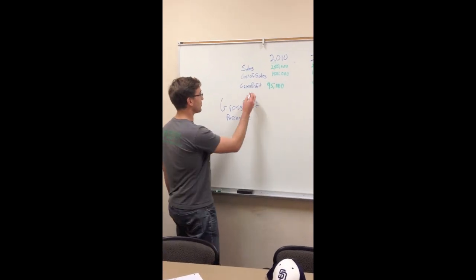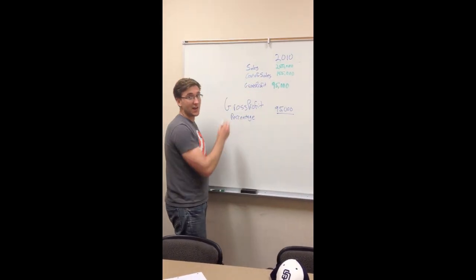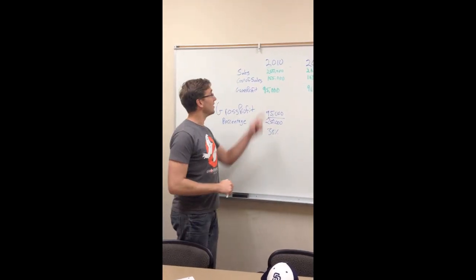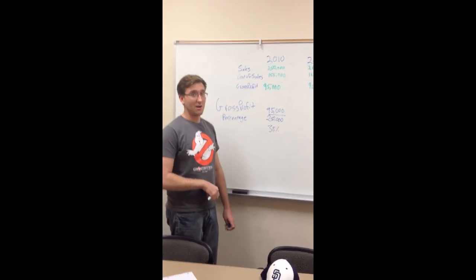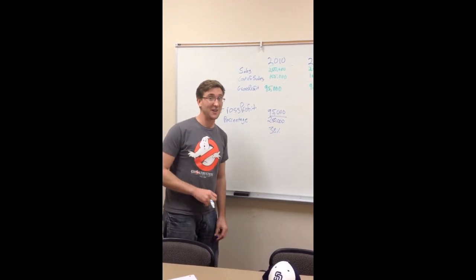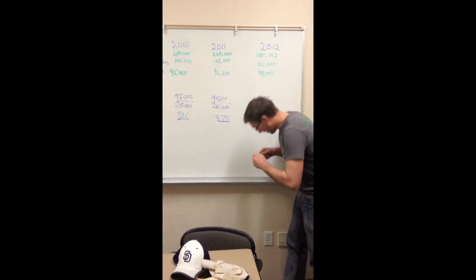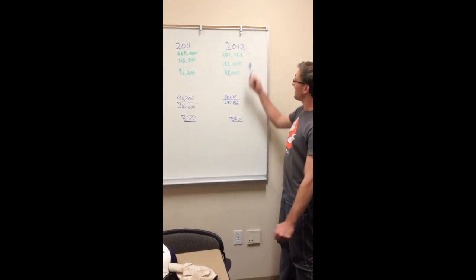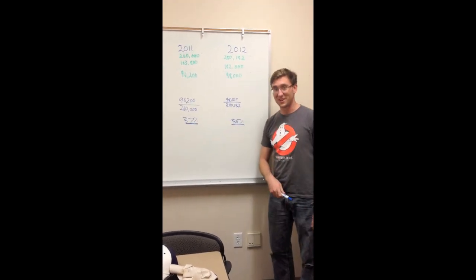We need our gross profit over our sales for that year, which equals 38% in 2010. Now we're going to do 2011 and 2012 really fast. In 2011 we have 37%, and in 2012 we have 35%.